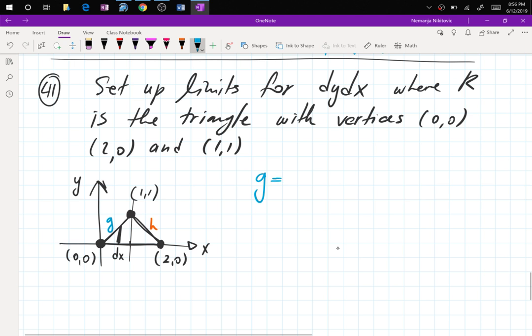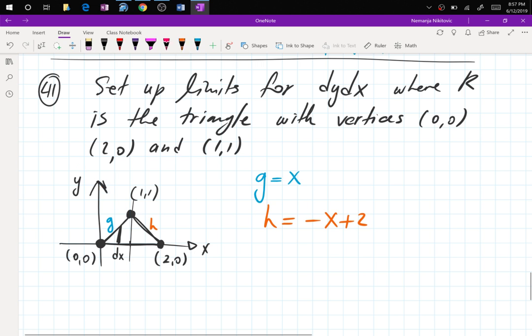So g is definitely just x, right? Because it goes from 0, 0 to 1, 1. So that's just x. And function h is going to hit 2, and it's negative 1 on the slope, so it's negative x plus 2.